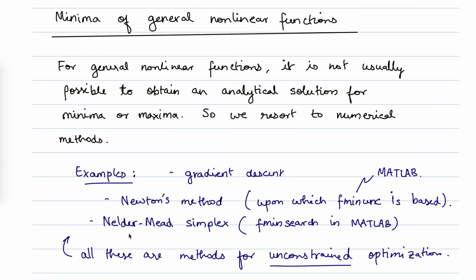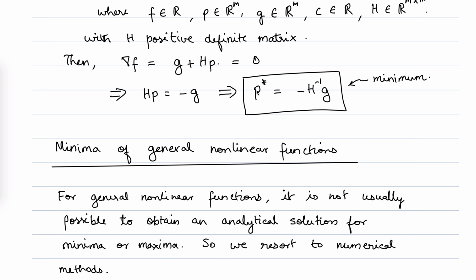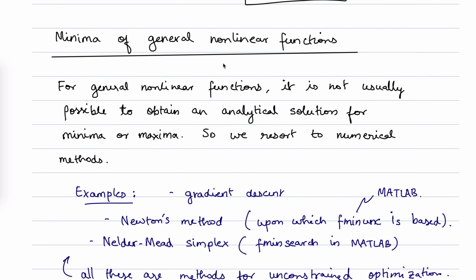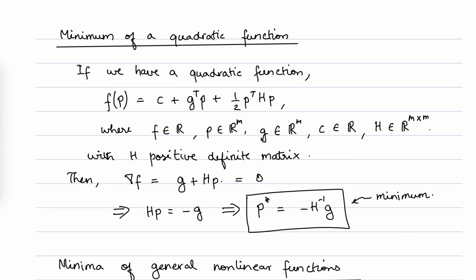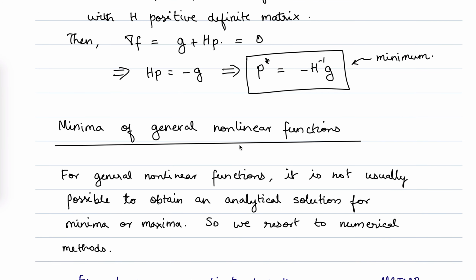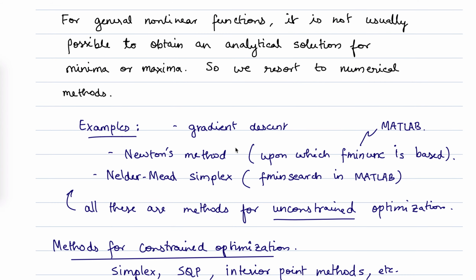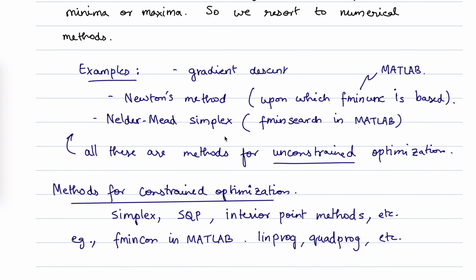All of these and many, many more are all methods for unconstrained optimization. In other words, the unknown p is not necessarily constrained. It could take any real number if it's in one dimension, or any value in Rm if it's in m dimensions. Okay, so these are methods for unconstrained optimization. They may be modifiable to constrained optimization, but their core is an unconstrained method.